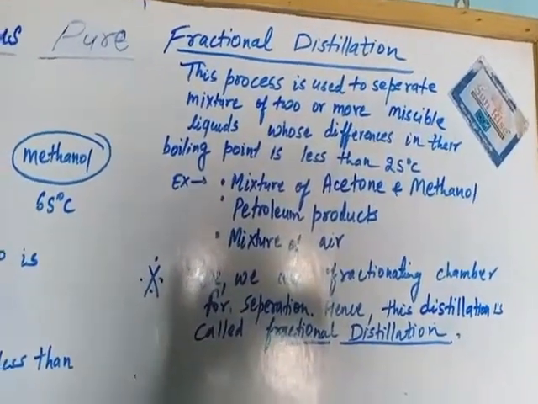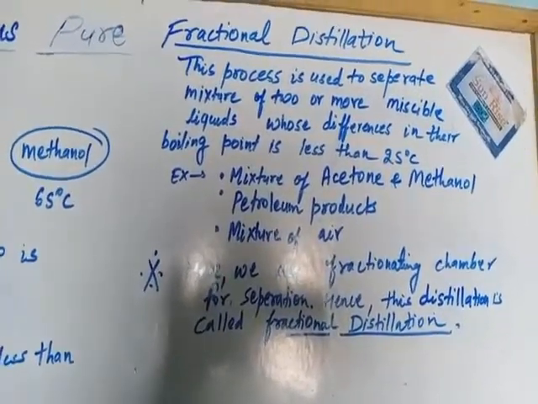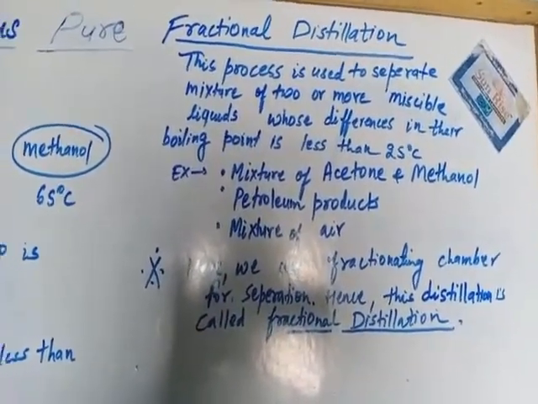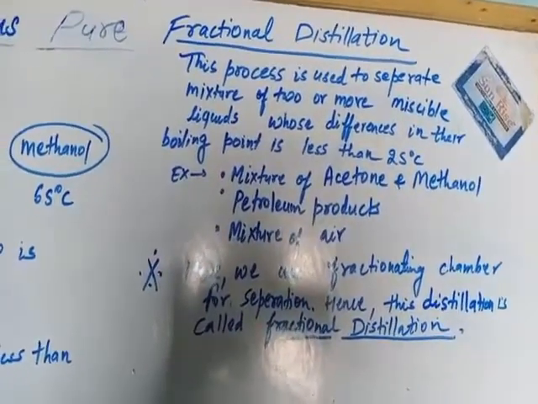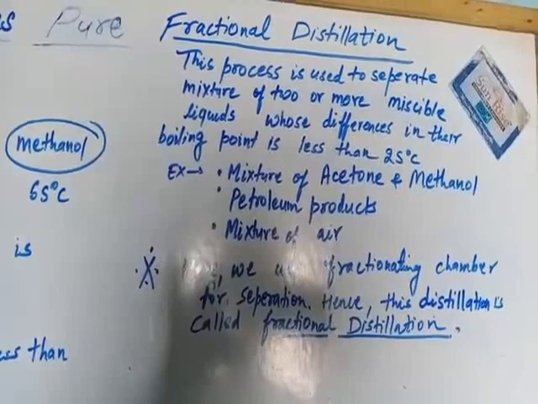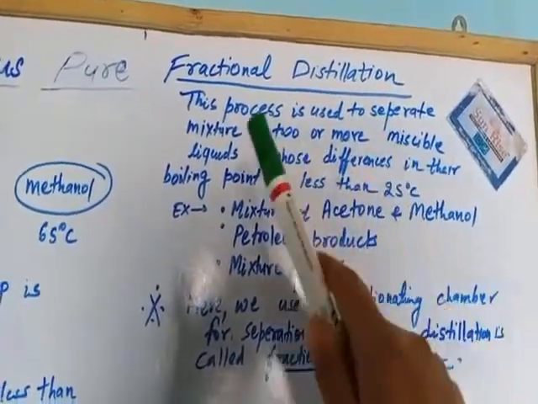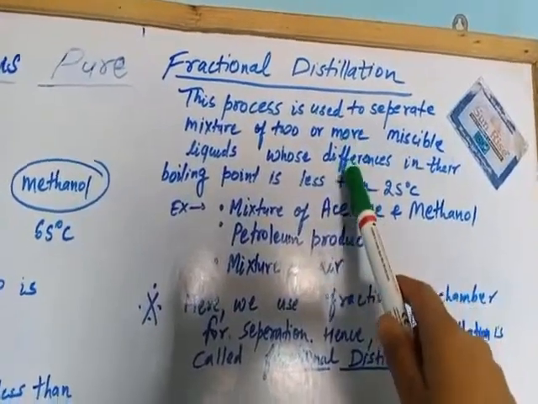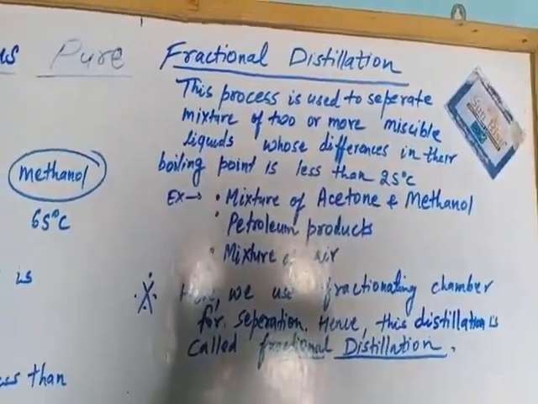The second difference is that in simple distillation the liquids contained in the mixture should have differences in their boiling points of more than 25 degrees Celsius. But in fractional distillation, whatever miscible liquids are in the mixture should have differences in their boiling points of less than 25 degrees Celsius.